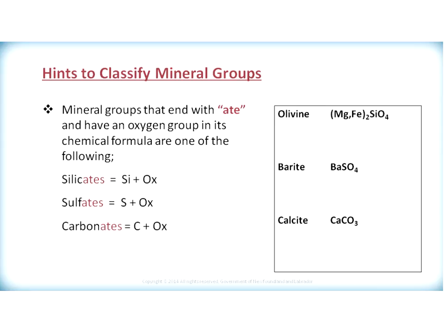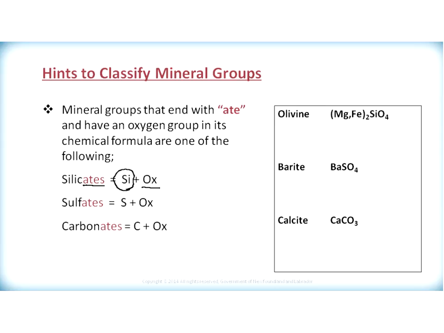So again, if you see a mineral group ending in ATE, it means we have an oxygen group, but the element immediately preceding it will tell you which mineral group it belongs to. In this case, we see silica directly in front of the oxygen group, so it belongs to the mineral group silicates.